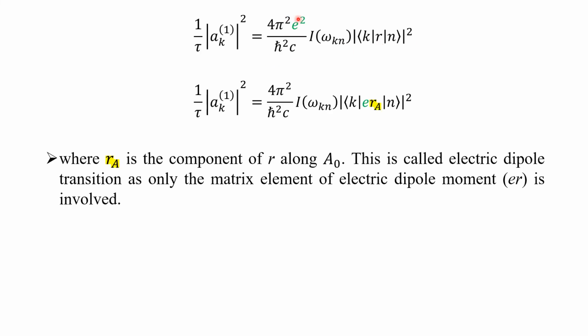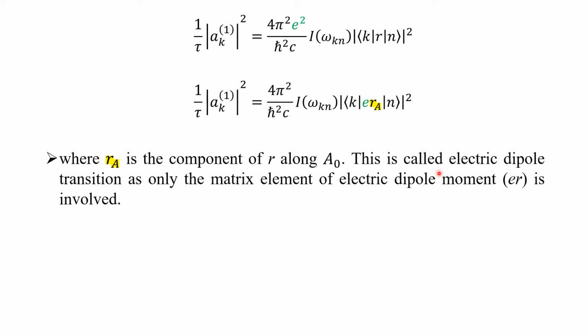Here you notice that we can bring this e squared inside the bra-ket notation, the inner product, so it becomes bra k e r_A ket n modulus squared, where r_A is the component of r along A naught.